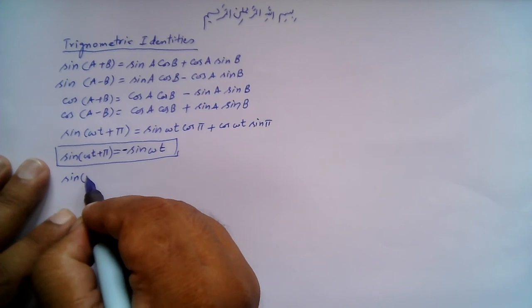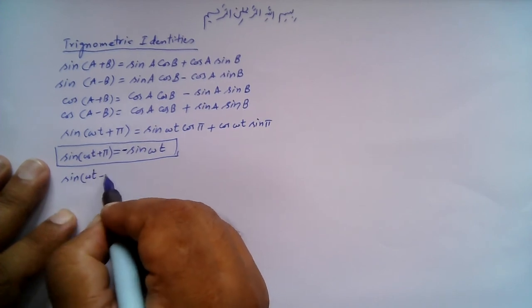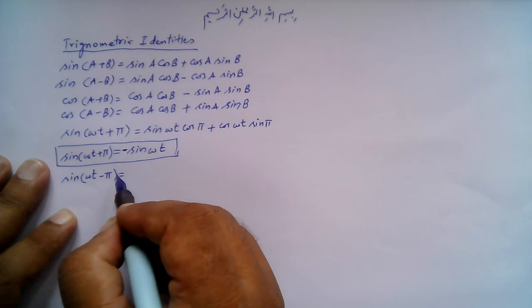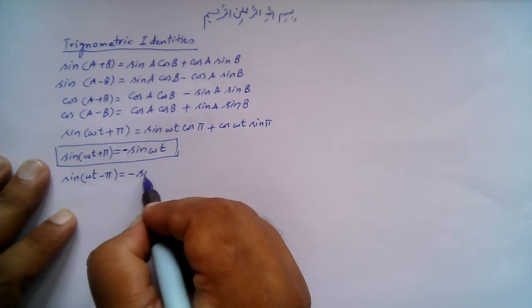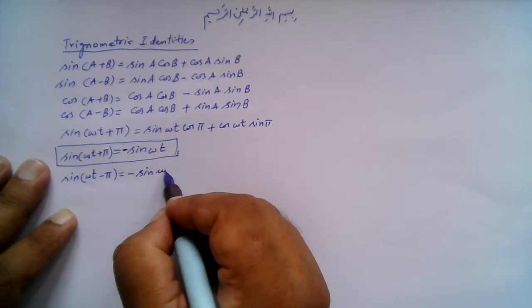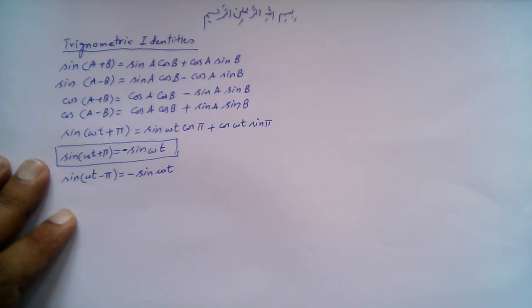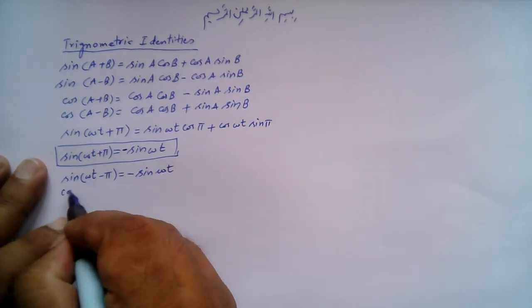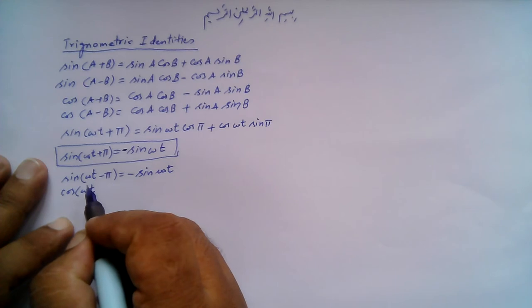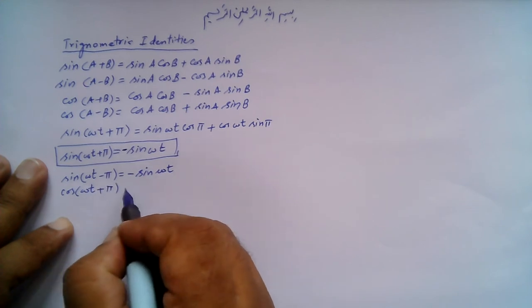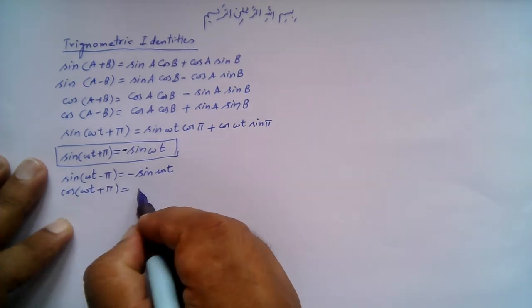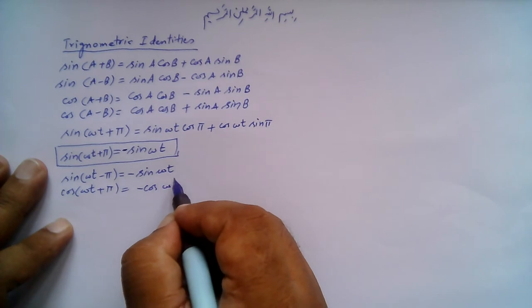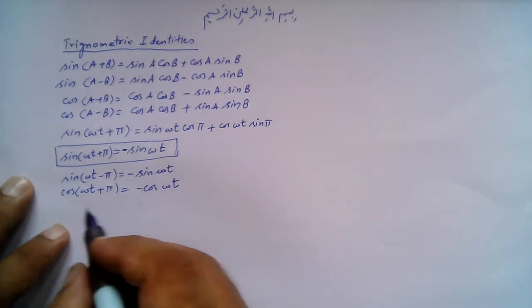For example, sine(omega t minus pi) will come out to be equal to minus sine omega t. cos(omega t plus pi) will come out to be equal to minus cosine omega t, right?